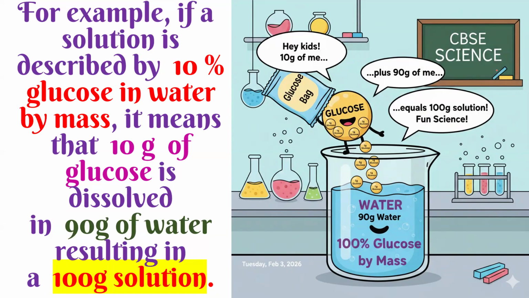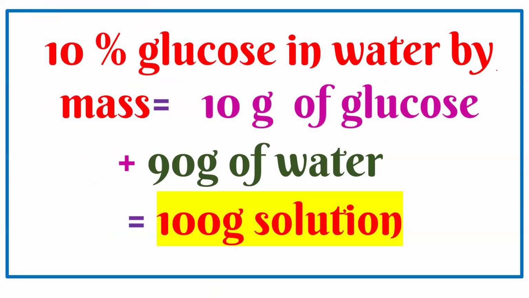So 10% glucose in water by mass means 10 gram glucose plus 90 gram water making 100 gram of glucose solution.